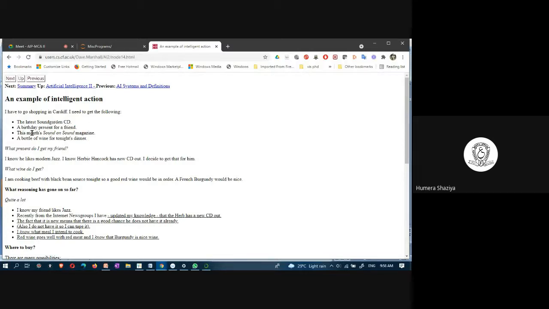I need to get the following: latest sound card, birthday present, some magazine, something to drink. What present do I get my friend? These are the four things that a person has gone to purchase. If you ask somebody, a human, what among these four you are going to give to a friend?